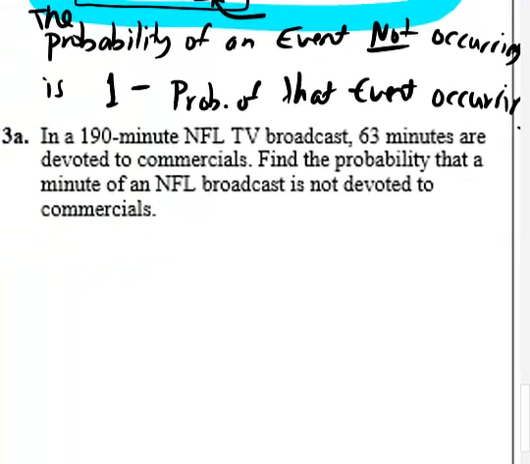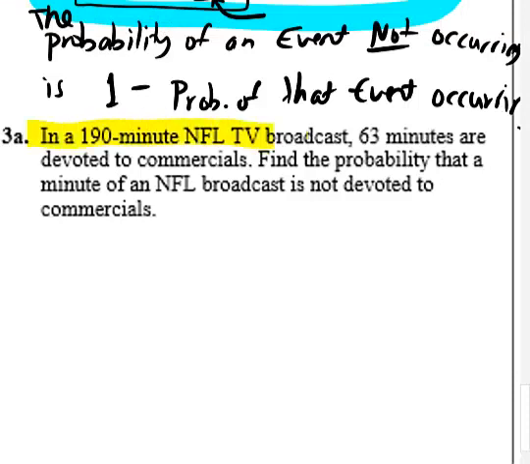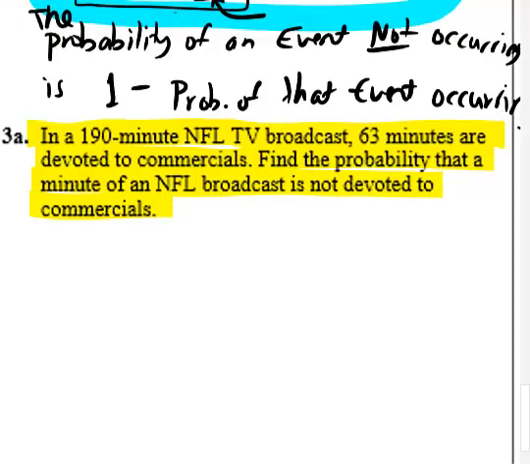So I can imagine we're going to use that in this next example. Let's see, what does it say? It says, in a 190-minute NFL TV broadcast, 63 minutes are devoted to commercials. Find the probability that a minute of NFL broadcast is not devoted to commercials. Okay, because the numbers they gave us didn't talk about not devoted to commercials.